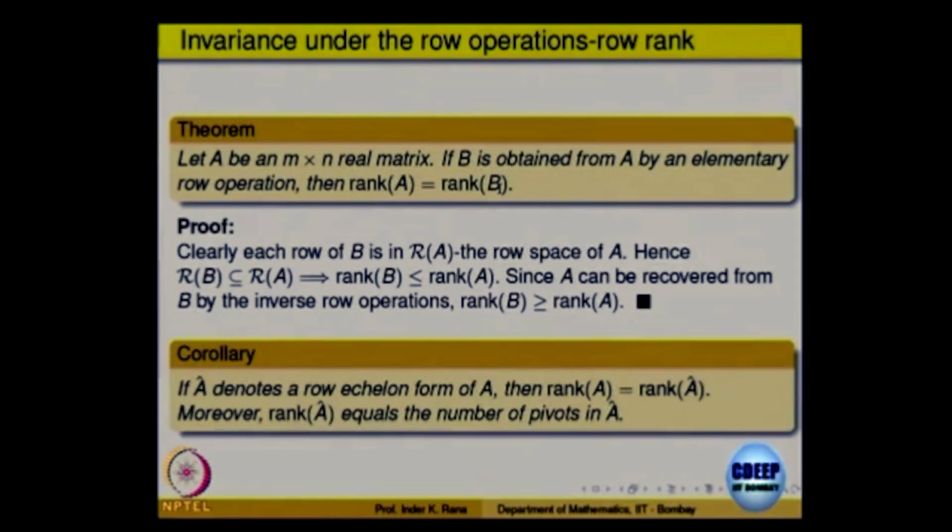The bottom rows are 0 in the row echelon form, only the non-zero rows are on top, and we are saying they are linearly independent. So these non-zero rows will form a basis for the row space of the row echelon form, because they are linearly independent. These are the only rows which are available, which are independent.